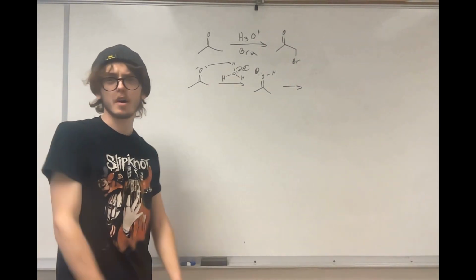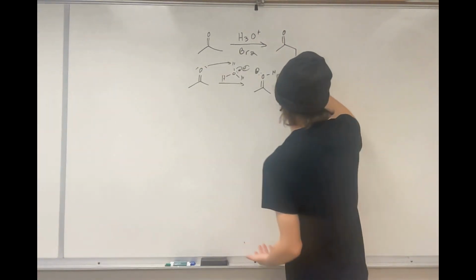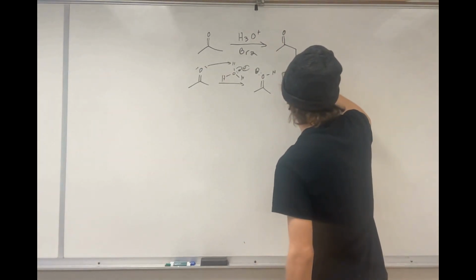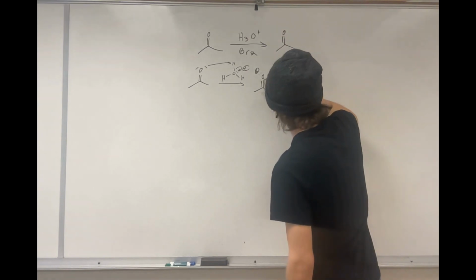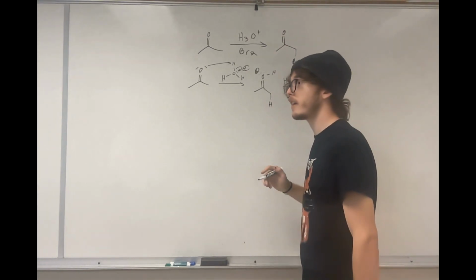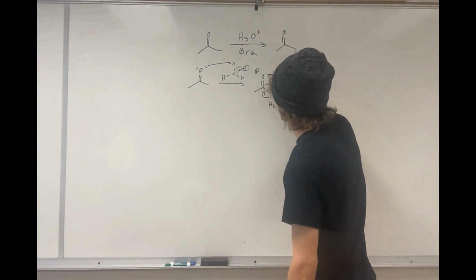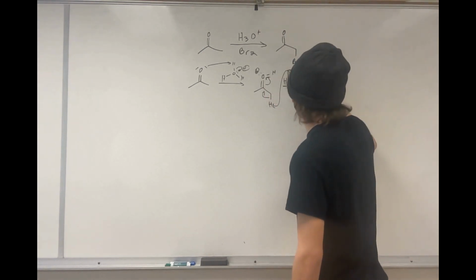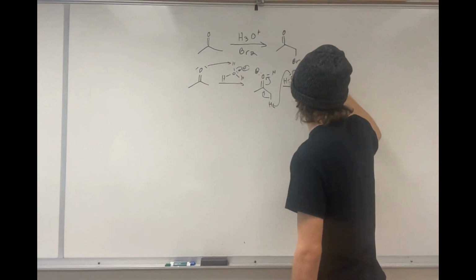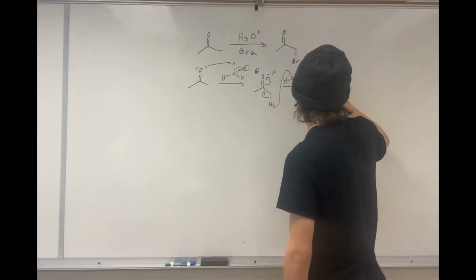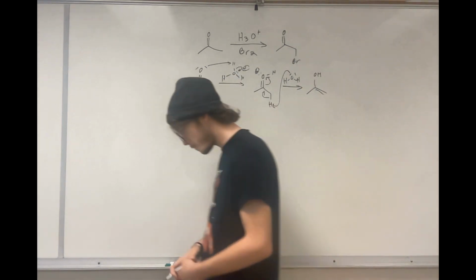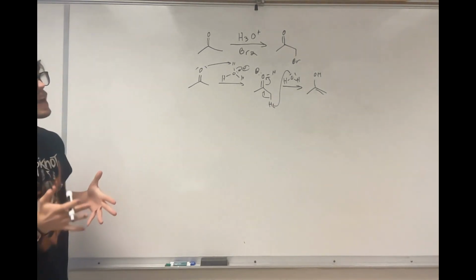I have a hydrogen on me. I don't want that. So water's going to come in, and he says, okay, instead of directly getting rid of this, I'll turn you from a ketone into an alcohol. Sad life for our poor carbonyl here, but that's just how the cookie crumbles sometimes. So we form the enol, right? This is the first step.